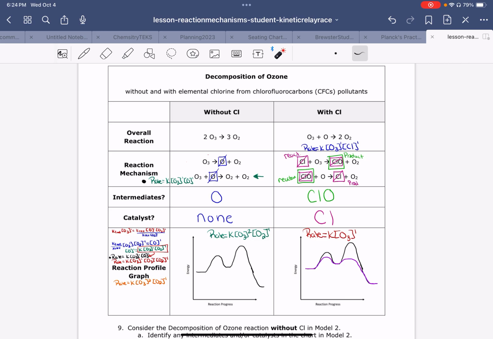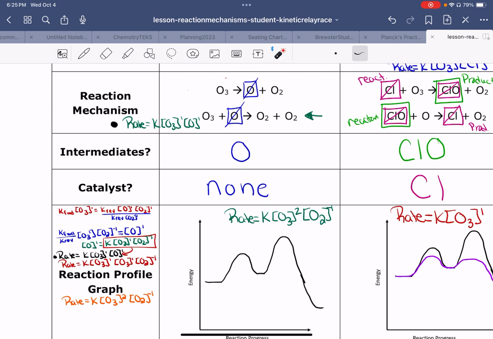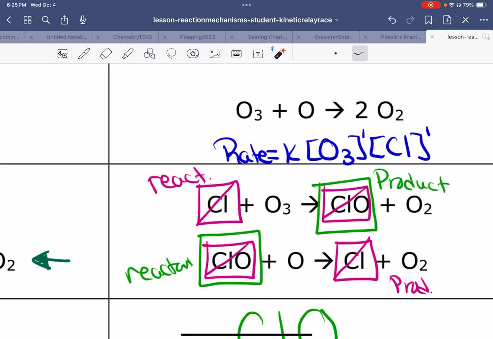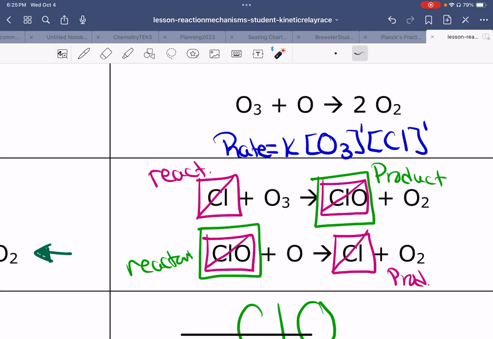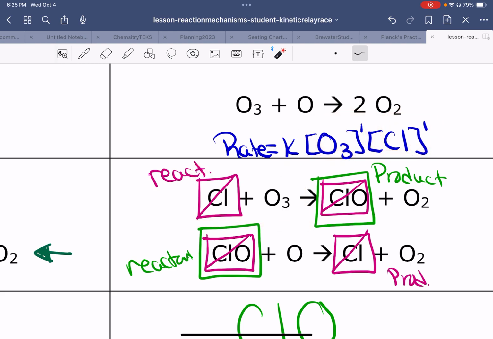Then it asks you to write the proposed rate law if the first step is slow. So I'm going to have my Cl to the first, O3 to the first, because remember, it's the intermediates I can't write. And we've already sketched the graph. I've already talked about that.